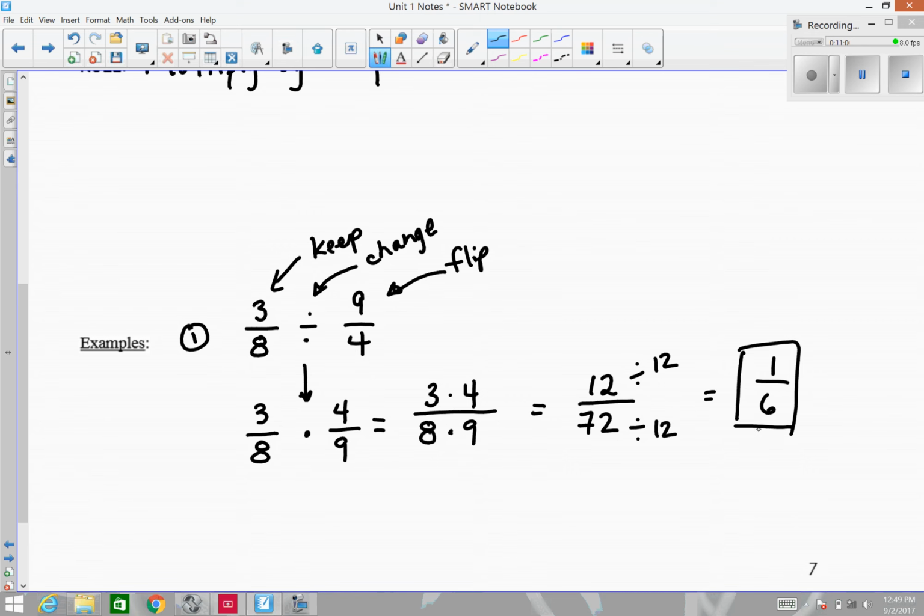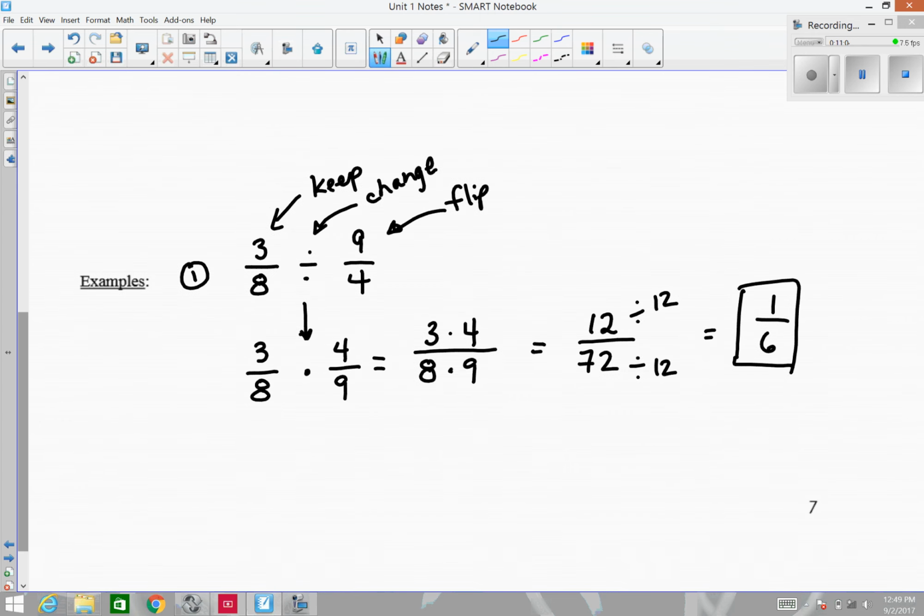Now I want to back this up a little bit and show you what would happen if I went back to my 3 multiplied by 4 over 8 multiplied by 9, and if I did some reducing right away. I can see 3 and 9 have a common factor of 3, so I can divide the 3 by 3 and get 1, divide the 9 by 3 and get 3.